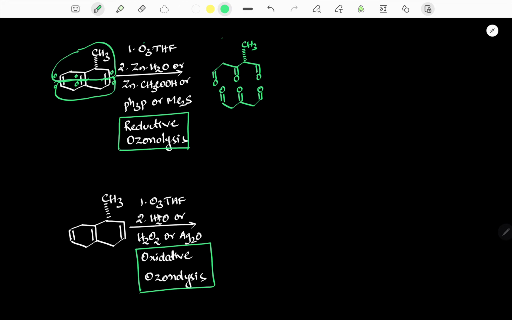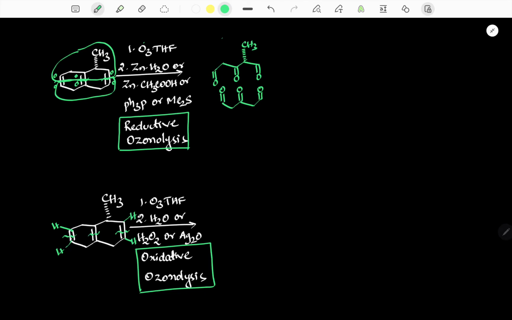The same compound treated with ozone followed by H2O, H2O2, Ag2O is called oxidative ozonolysis. In this case also we have to dissociate the double bond, but here the C-H bond is present.